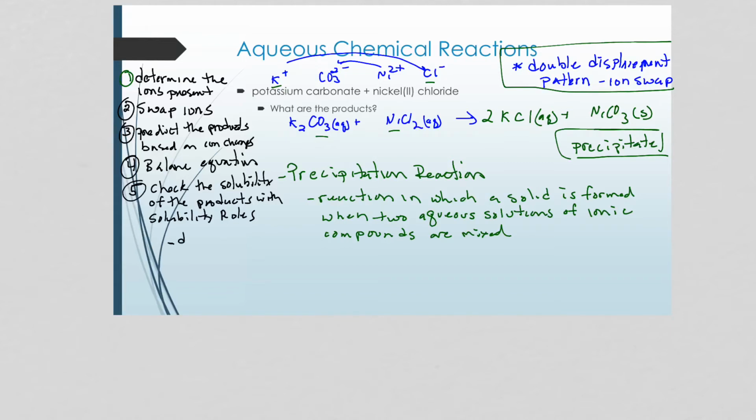And the point here is to determine if any precipitate forms. And so we can follow these 5 steps and predict the products of our reaction. And of course, the precipitation is one potential reaction that occur in aqueous solution. And we'll look at a couple more as we go through this, a couple more possibilities that maybe a precipitate doesn't form, but maybe something else happens.